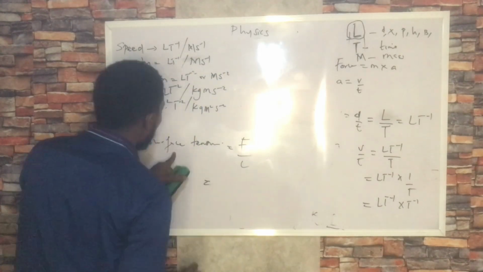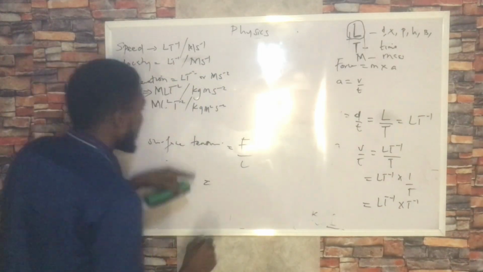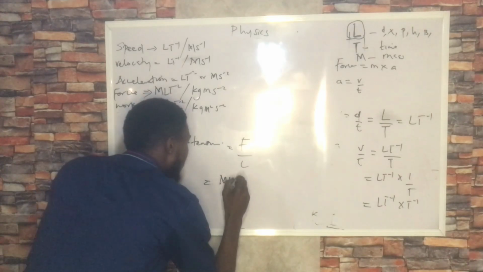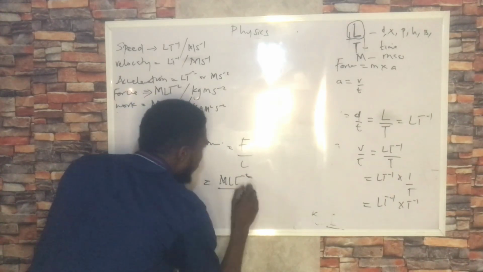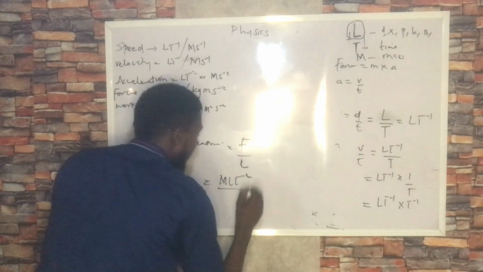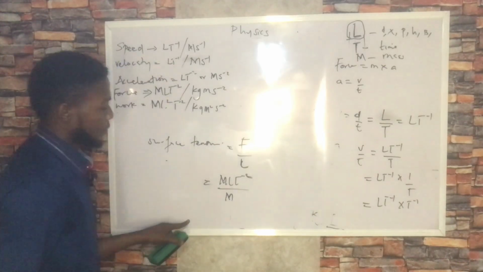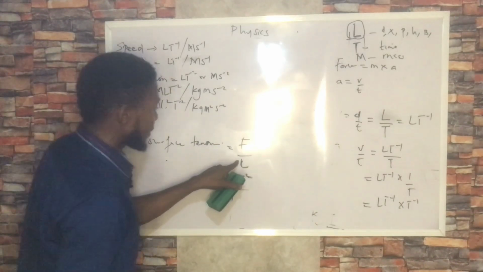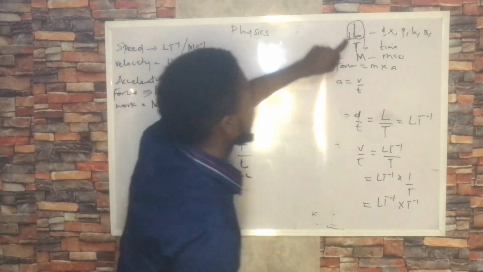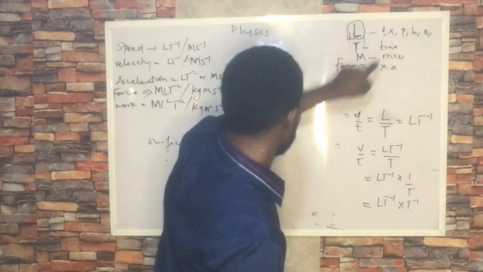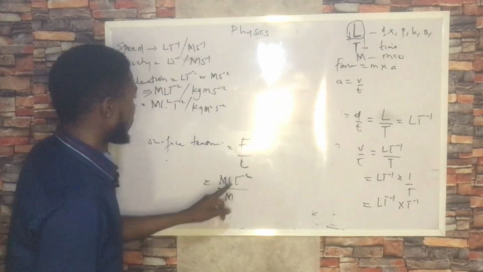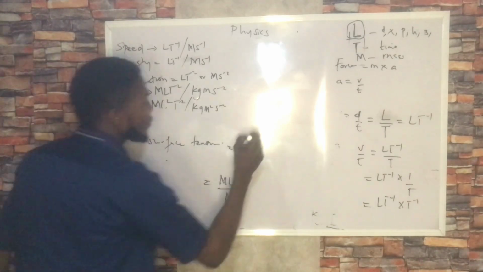For the force, you have M L T raised to minus 2, over length, over meter. Remember, I said length. So you just simply solve. You can do that for this, and as well for pressure.